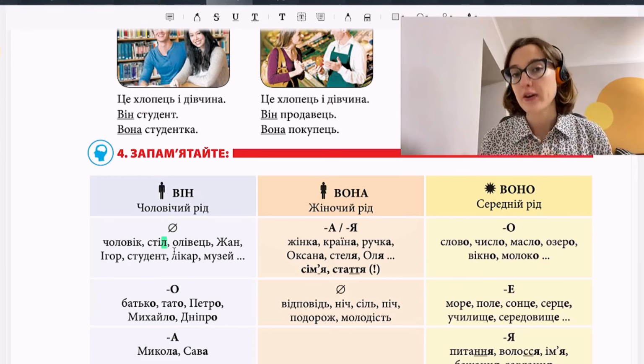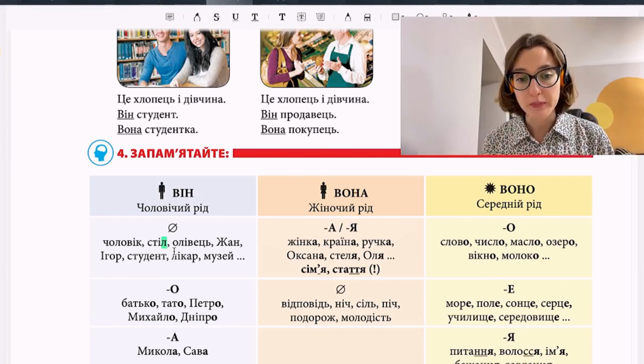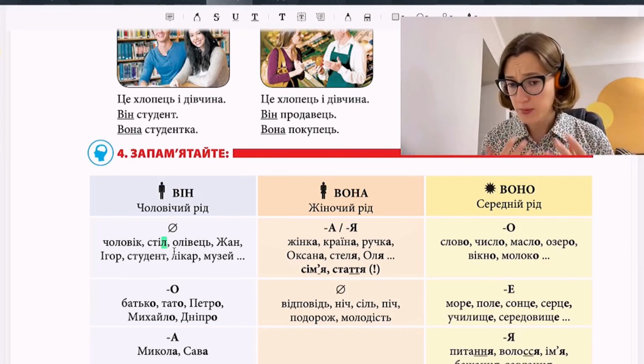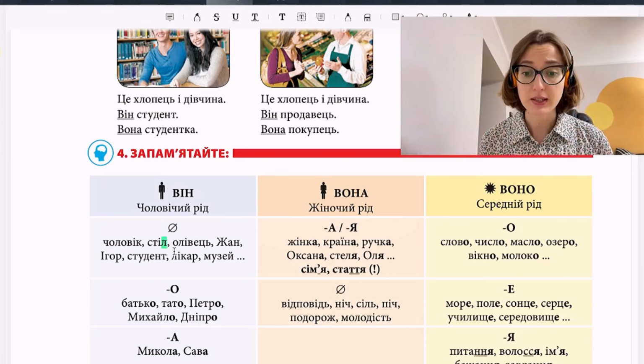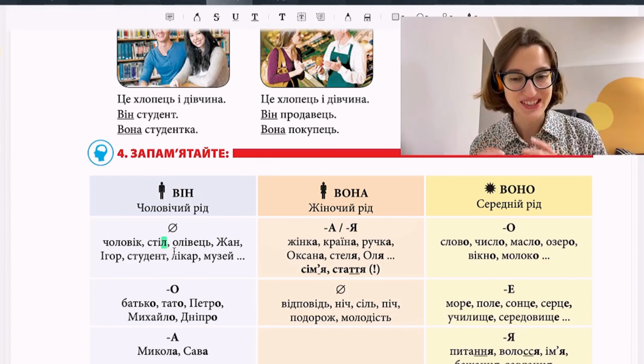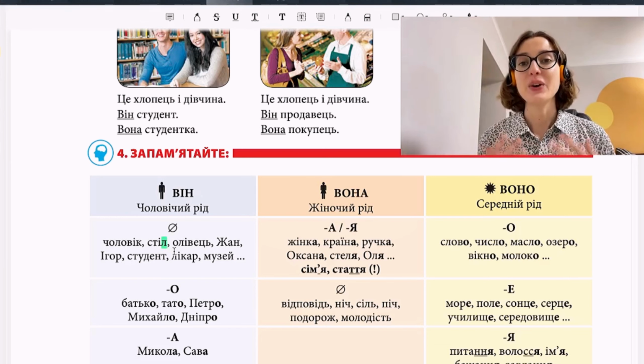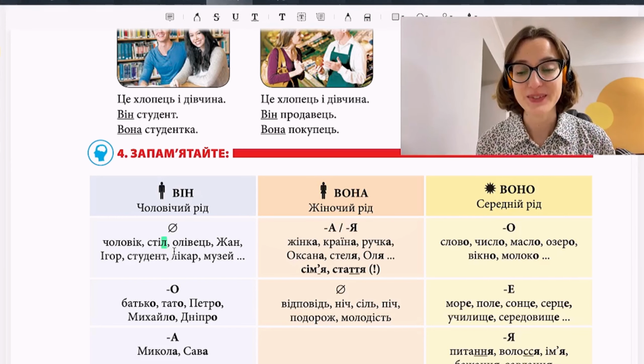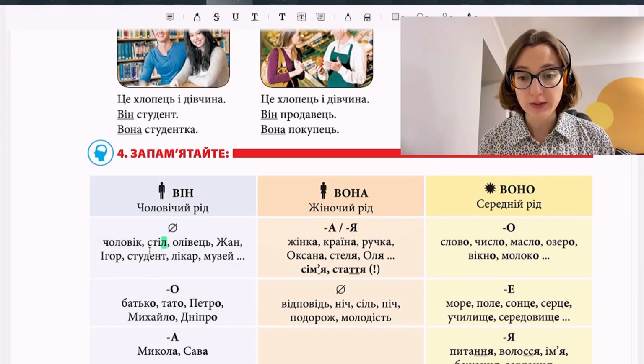Of course, we have exceptions, and I will explain them also today, but the main idea is that when you have a consonant at the end, usually that's a masculine gender, right? So, стіл. Чоловік, a man, that's also masculine.